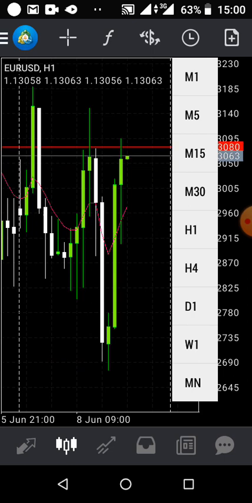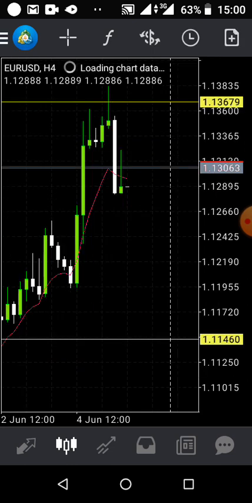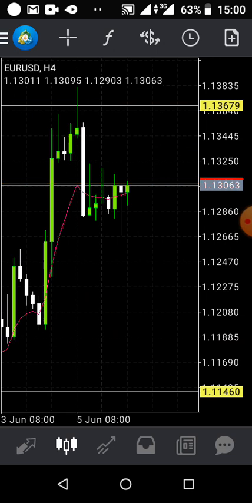Already what we have on the screen is the H1 chart, that is the 1 hour time frame. I can move to 4 hours from here.